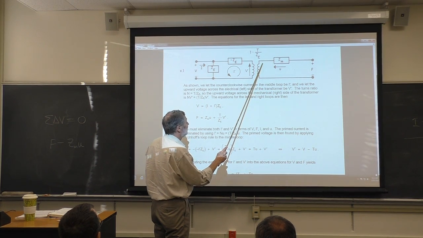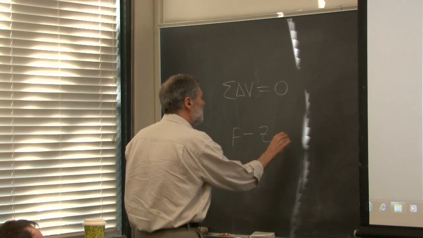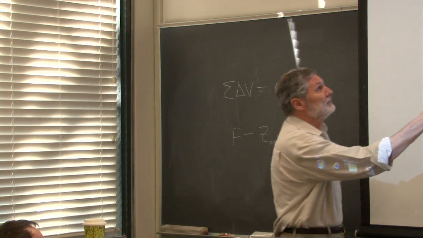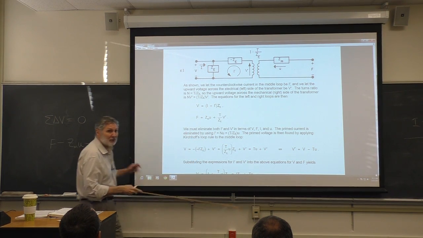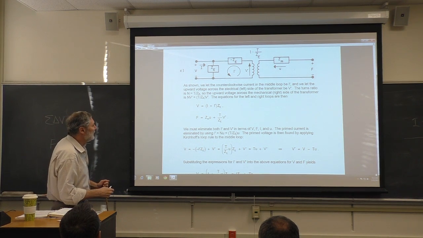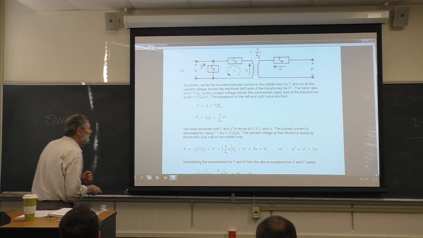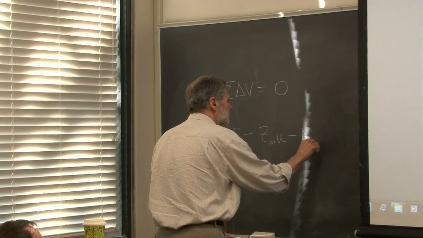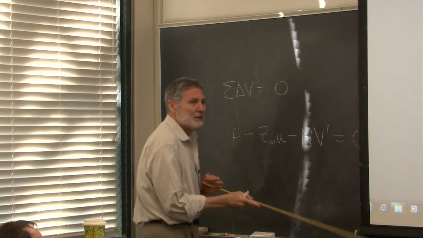That's the positive direction, so I'm going to get a drop. When this voltage is positive, this is going to be at a higher voltage than this, so the change in voltage will be negative. And what is the value of the voltage here? It's V prime times the transducer constant. Let me just write it like this. Can everybody see that?